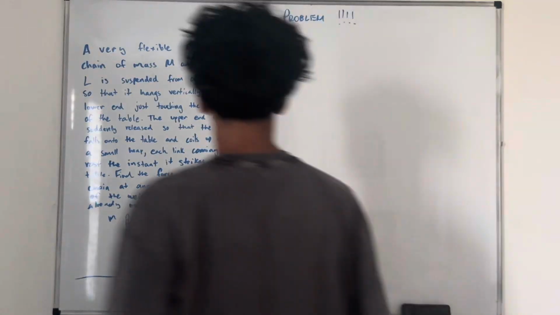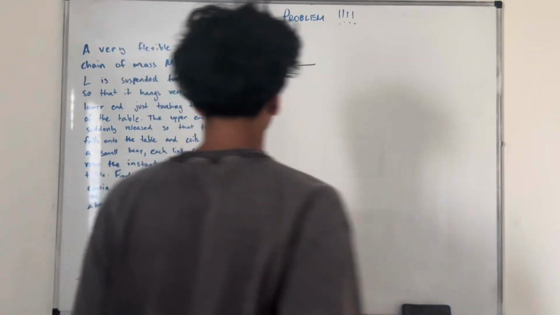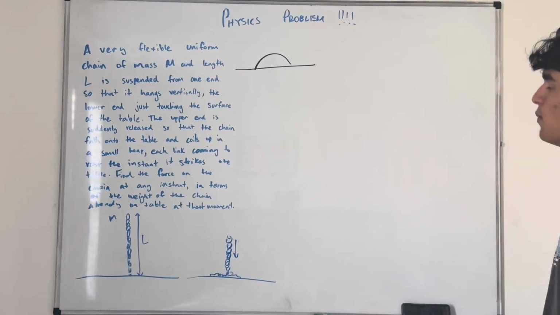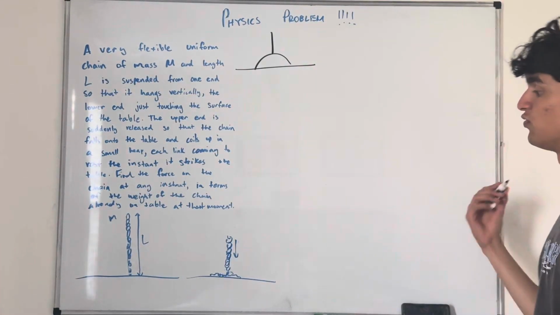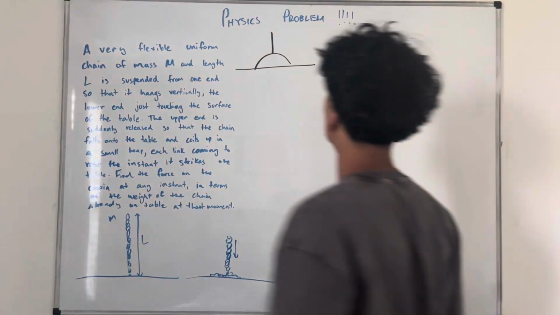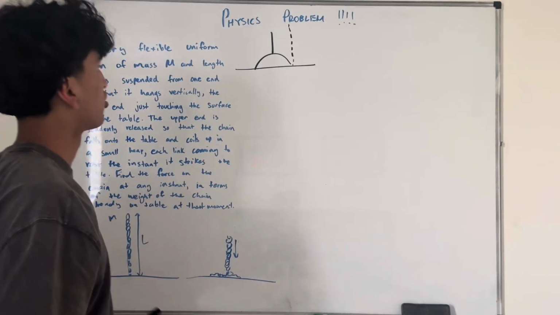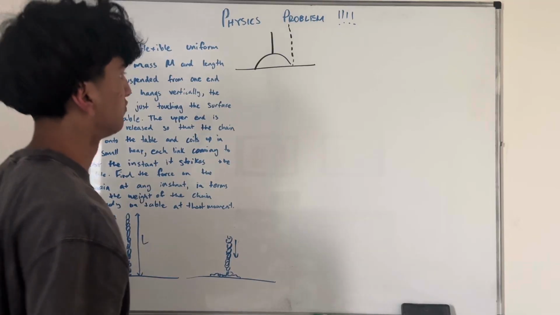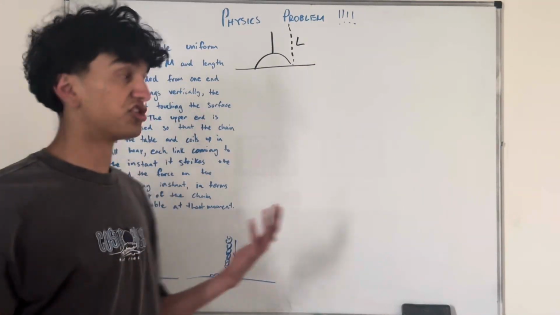If I were to model this with a little drawing, I have my pile that's already on the table. I'm just drawing it like a dome. And using a line, I have the chain that's still falling down. I can draw a little marker here to signify that this is L, the original length.